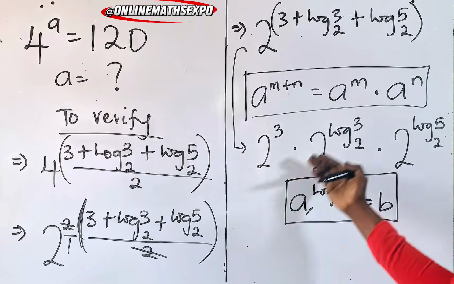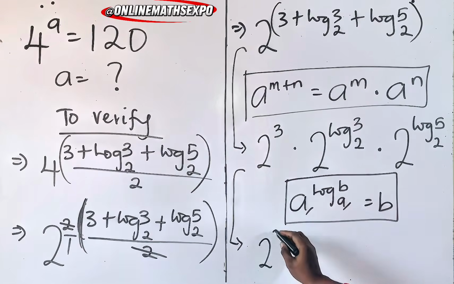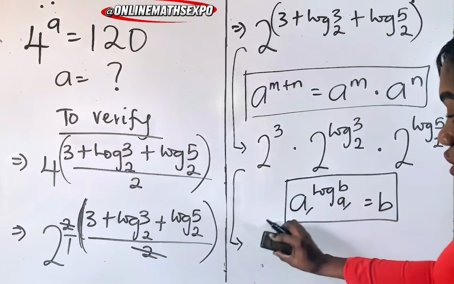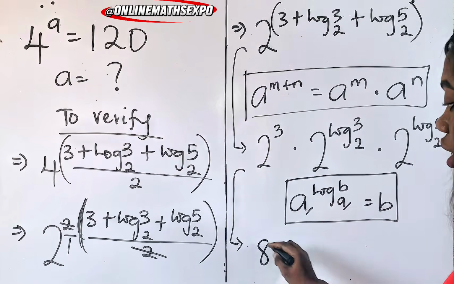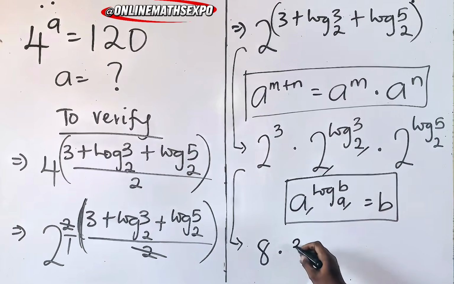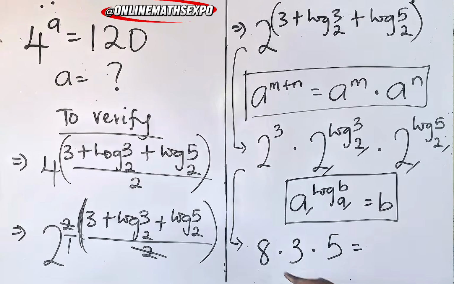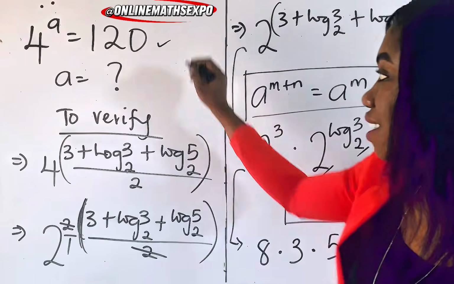So if you apply this on these ones, from here, we have 2 to the power of 3, and 2 to the power of 3 is 2 multiplied by itself 3 times. So it gives you 8 multiplied by, these two are the same, so it gives us 3 multiplied by, these two are the same, it gives us 5. And when you multiply this, it gives you 24. And 24 times 5 gives us 120. And that is what we have at the right side.